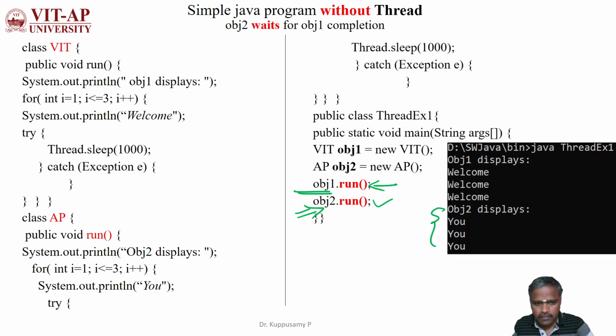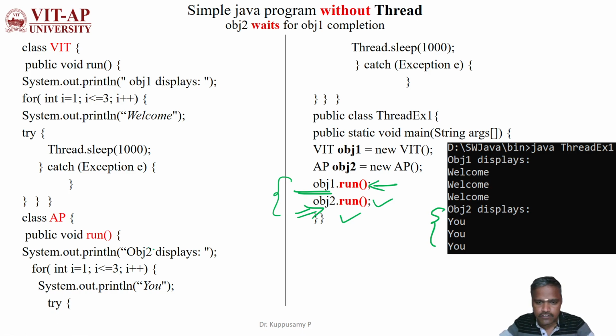Here we observed that delay is introduced, that means object 1 is executed first, then only object 2 is executed. So there is no parallel processing. The parallel processing is not done without thread facilities.